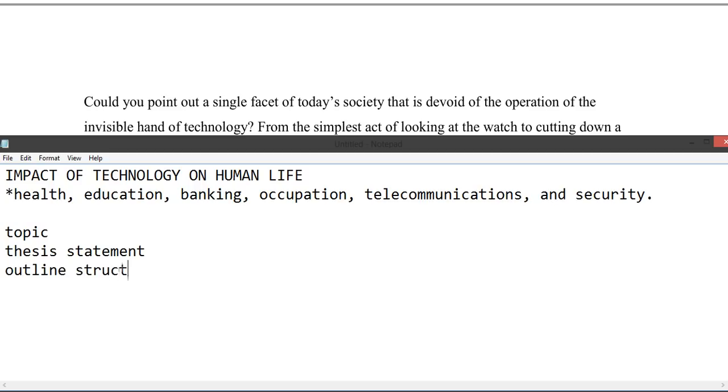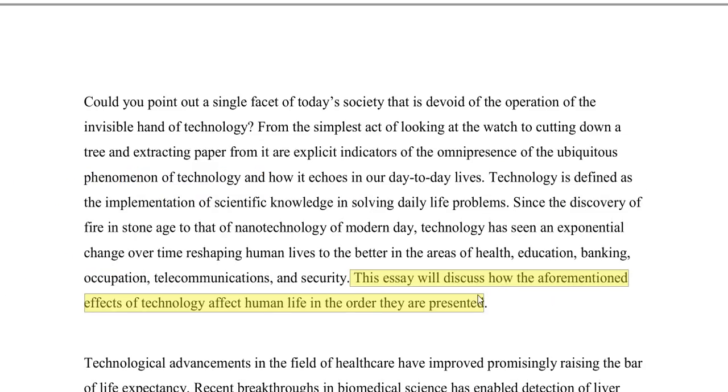That is the sentence that outlines the structure, how we are going to talk about what was promised to be discussed in the thesis statement. Here outline structure says we are going to talk about impact of technology on health first, education next. So see, in the order they are presented, right?